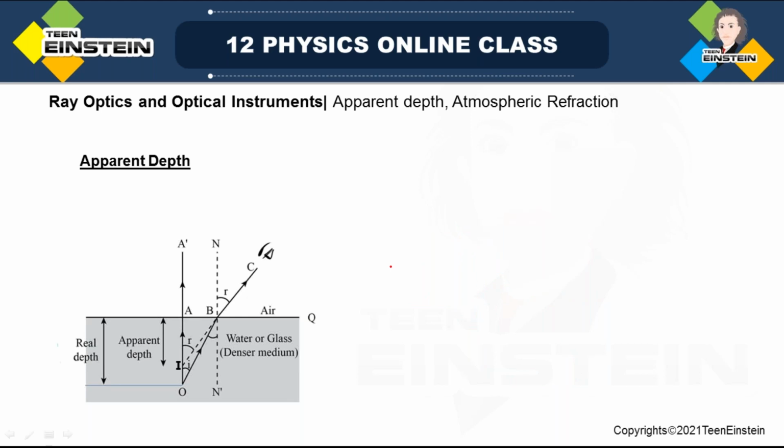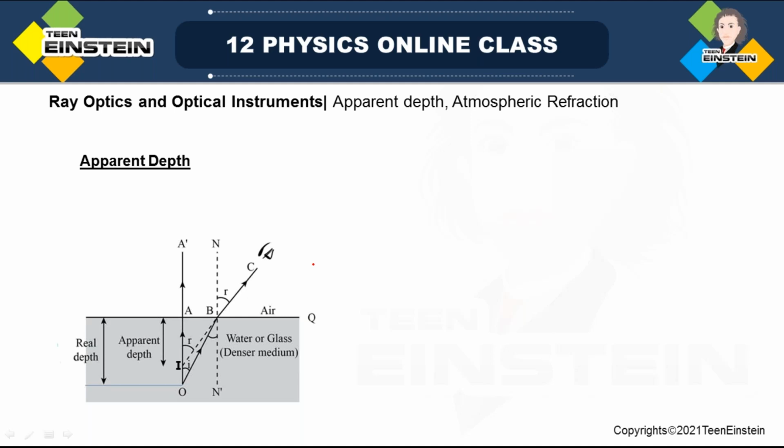Let us now understand how it happens. As I said, this is due to the phenomenon of refraction, and we will be able to analyze this by using Snell's law.